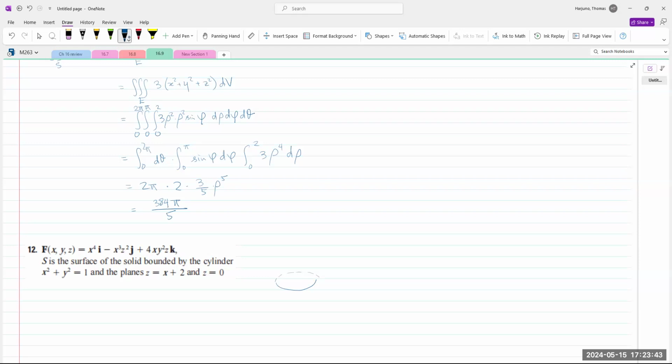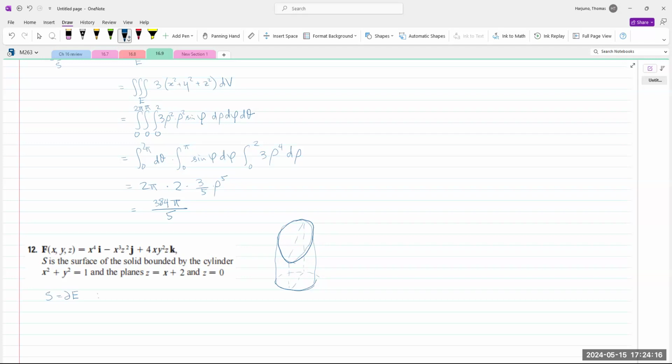So it seems like that plane will look like this, like slanted. Okay, and then we have the bottom also. So S is the boundary of solid E.